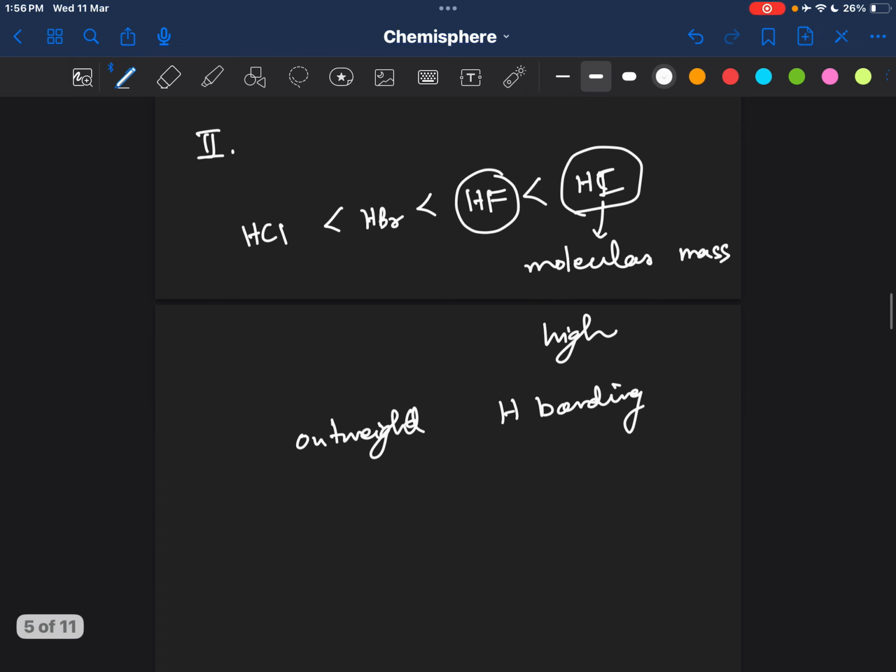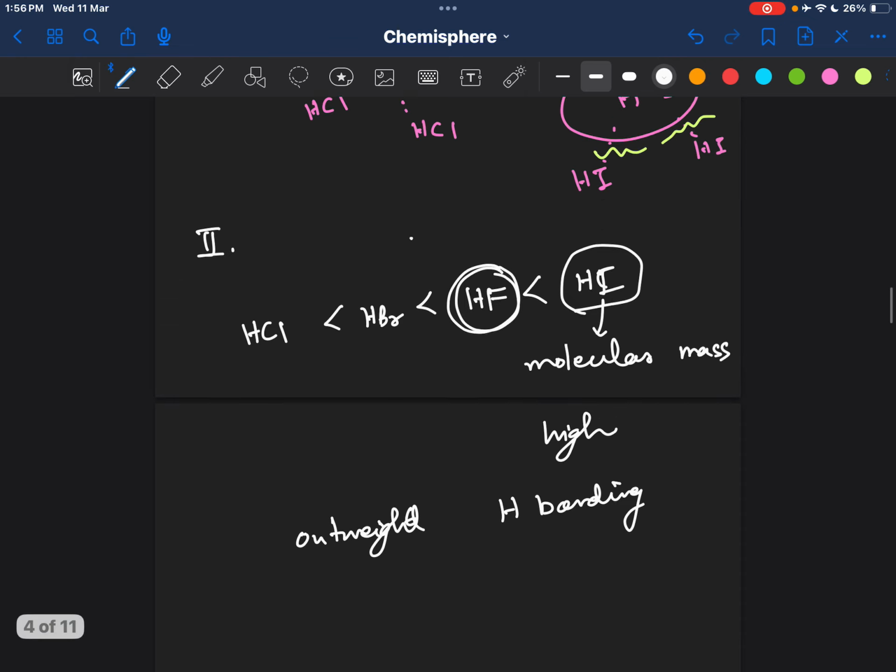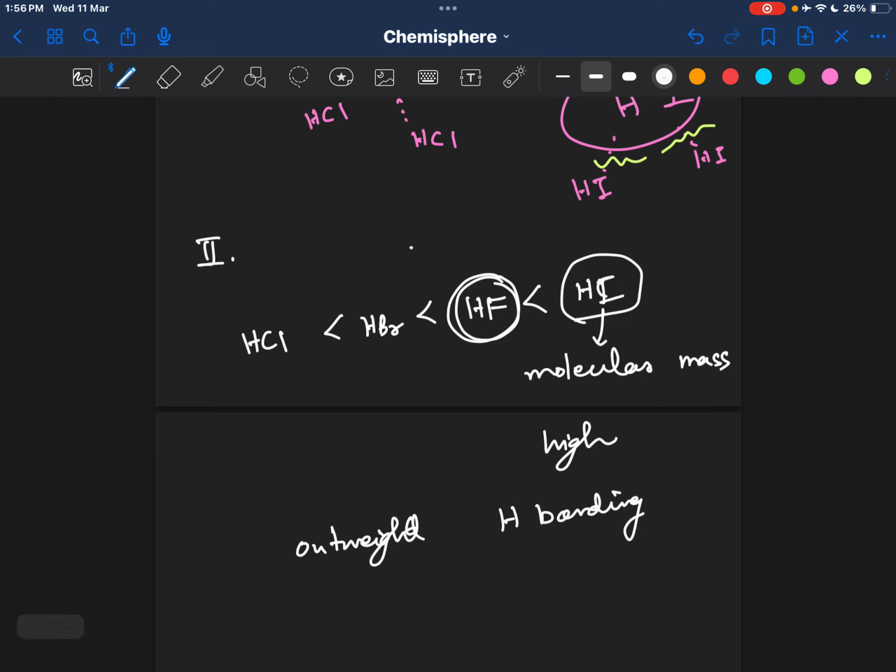In the solid state, the hydrogen bonding is not that effective in building a very high MP lattice compared to HI. In HI there are only van der Waals forces, but because of them it creates a lattice whose packing is very dense. Because of that, the melting point is very high in the case of HI.